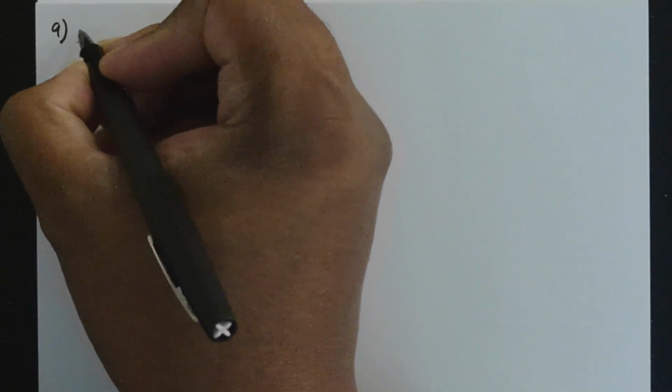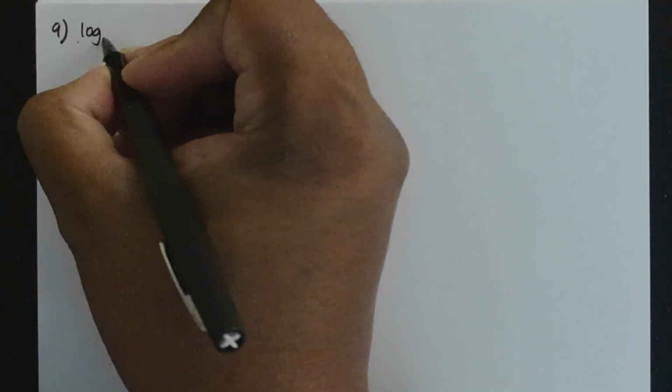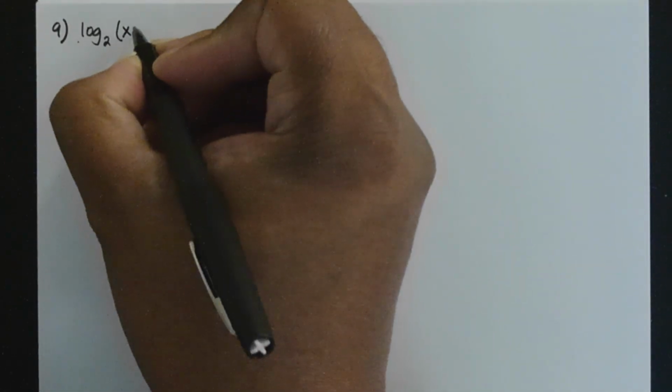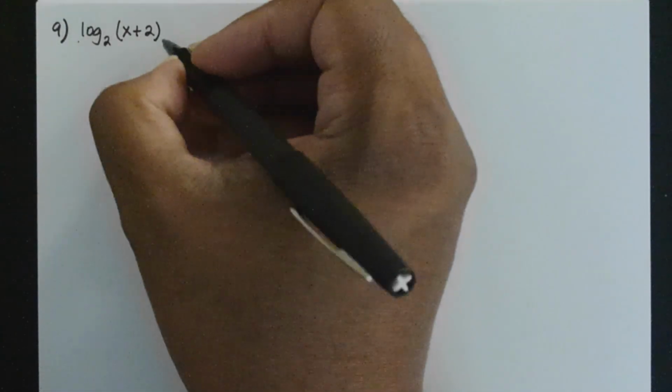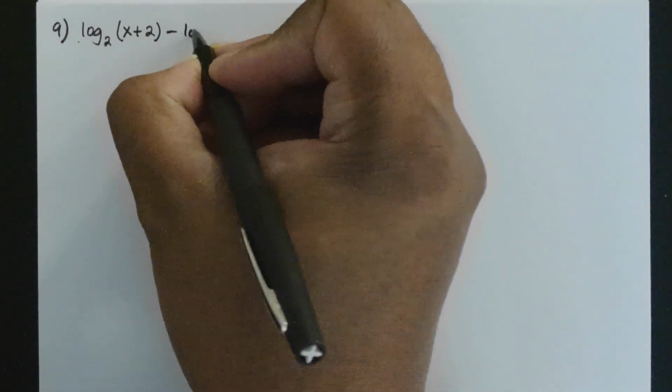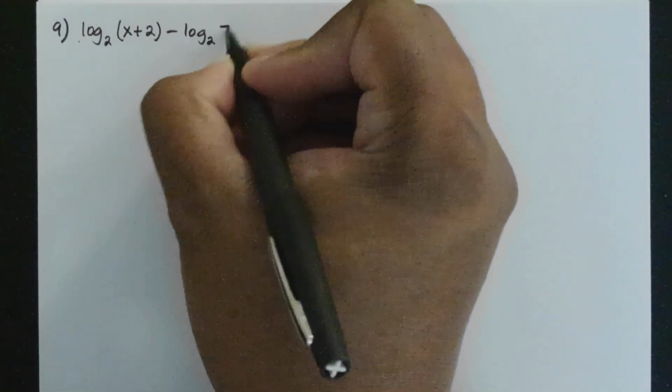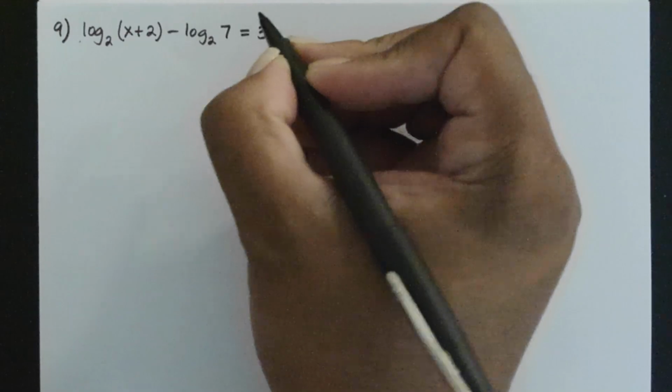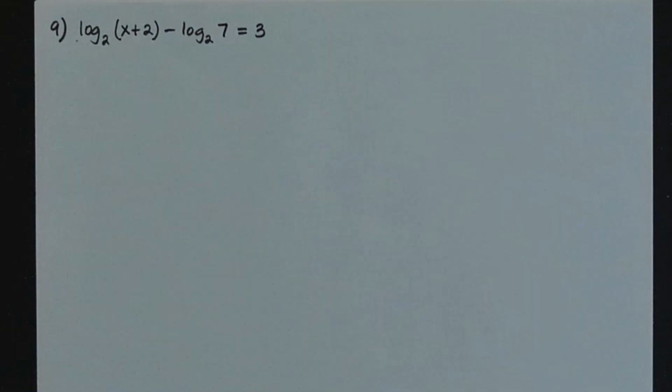Like in number 9, we got the log to the base 2 of the quantity x plus 2 minus log to the base 2 of 7 equals 3. Let's say I want to solve this logarithmic equation. Okay.